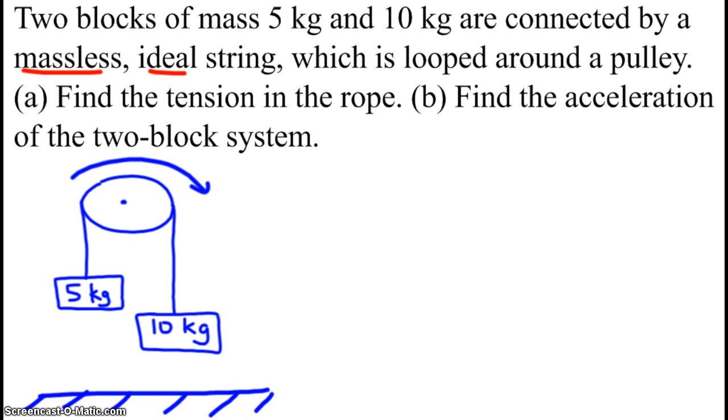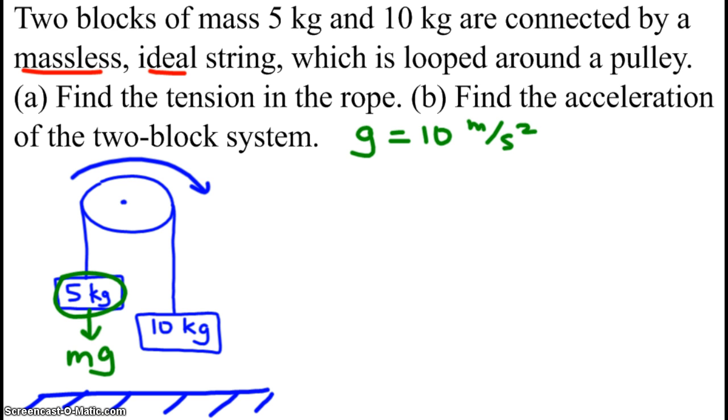Okay, first step in these problems. Draw the forces acting on the blocks. The one on the left is being pulled down by gravity. We are going to assume in all of these problems that gravity's acceleration is 10 meters per second squared. So we find the force of gravity using m times g.